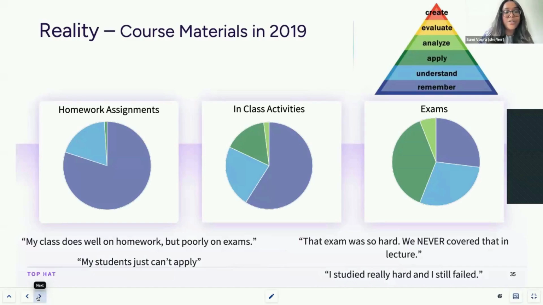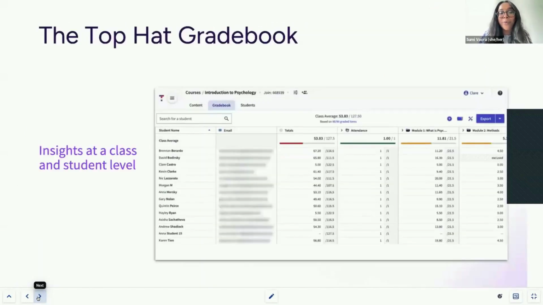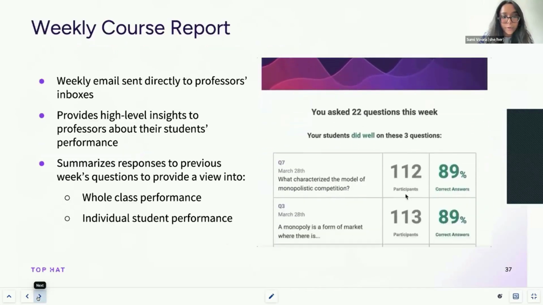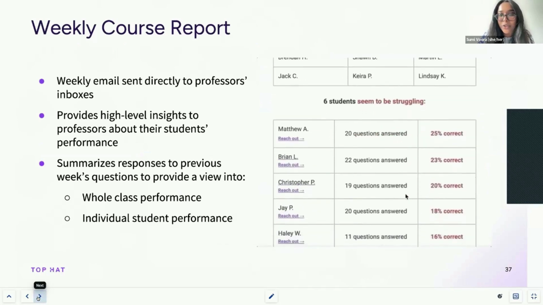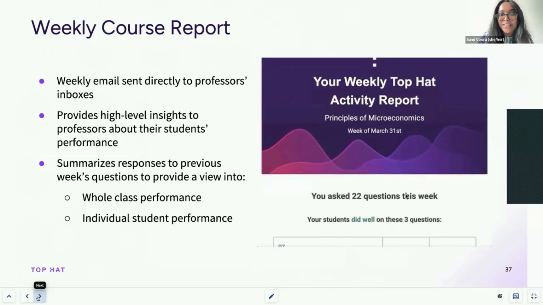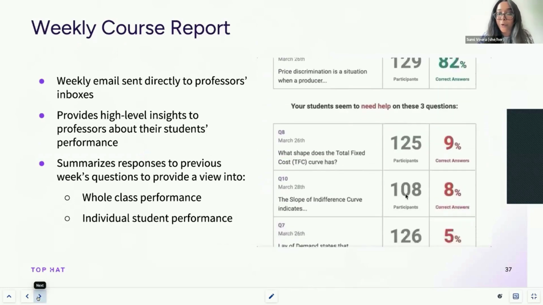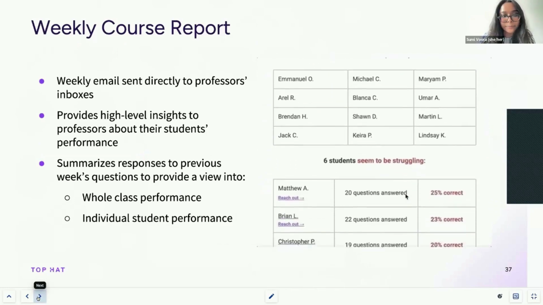And how she did this was using the Top Hat gradebook to get a view of the entire course and each student's performance, attendance, participation, and test and assignment results. Everything was captured by our learning analytics software and is available at a class and student level. We can drill down even further using our weekly course report, which is generated based on a set of criteria and sent directly to your inbox to provide high-level insights on students' performance and trends in active learning.